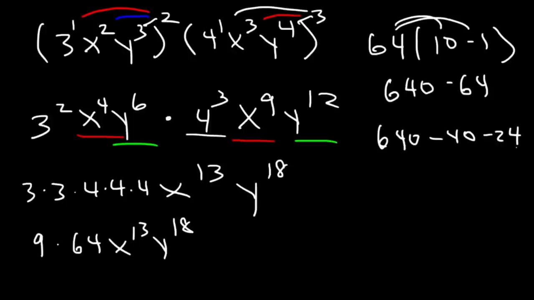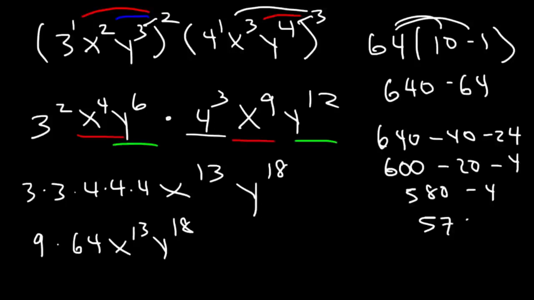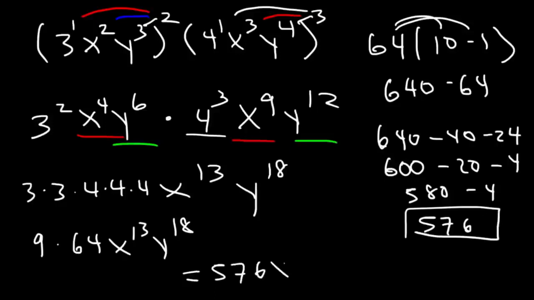So negative 40 and negative 24 is negative 64. 640 minus 40 is 600. And if you take away 24 from 600, you can view 24 as 20 and 4. 600 minus 20 is 580, and 580 minus 4 is 576. If you want to subtract things in your head, that's how you can do it. So this is 576, x to the 13th, y to the 18th.